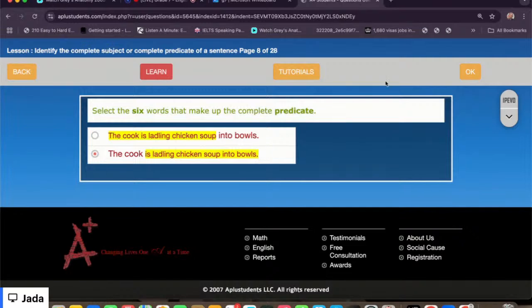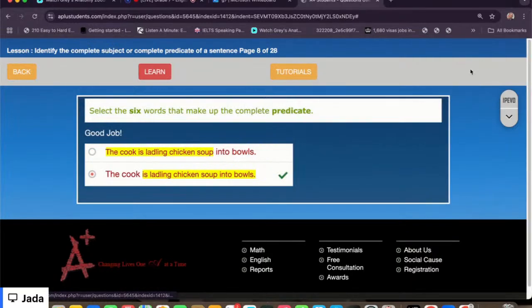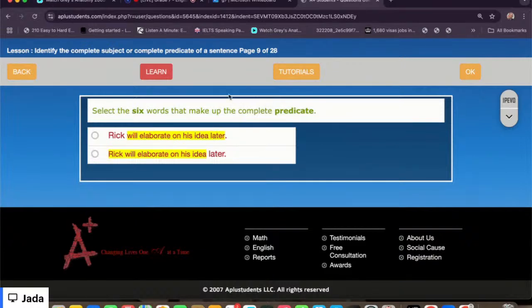We have this one as the complete predicate. Select the six words that make up the complete predicate. Rick will elaborate on his idea later.